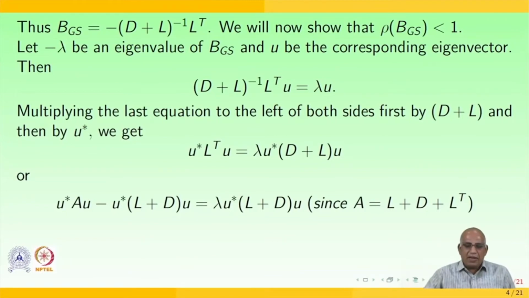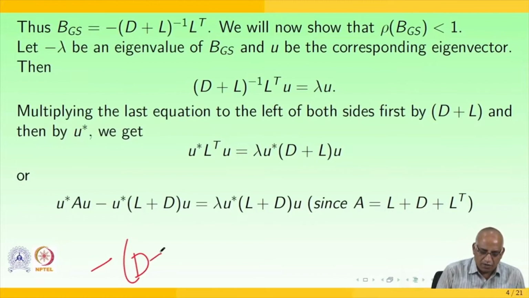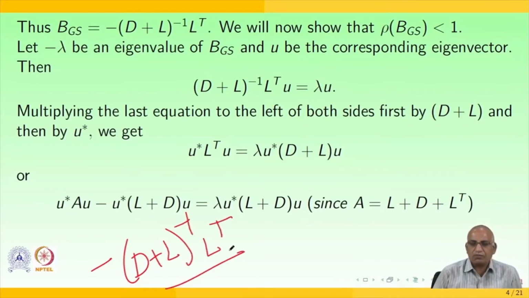And B Gauss-Seidel is minus of D plus L whole inverse L transpose.